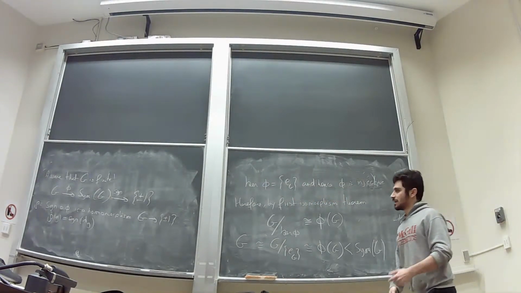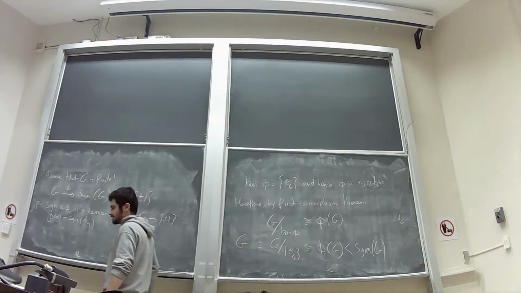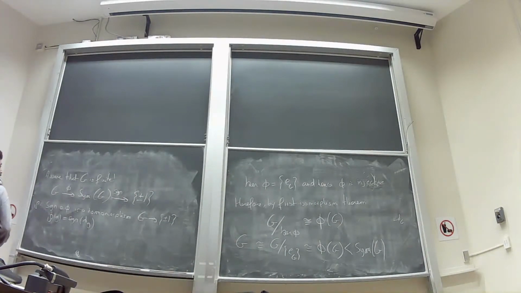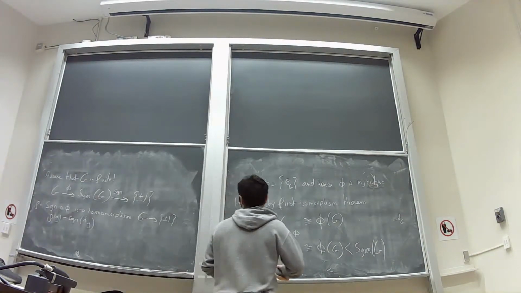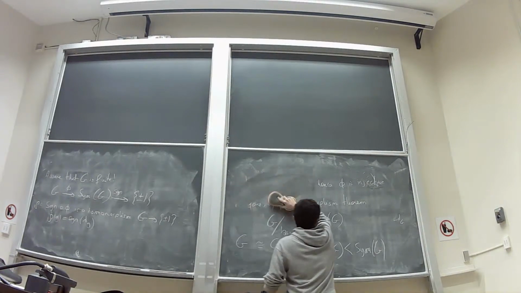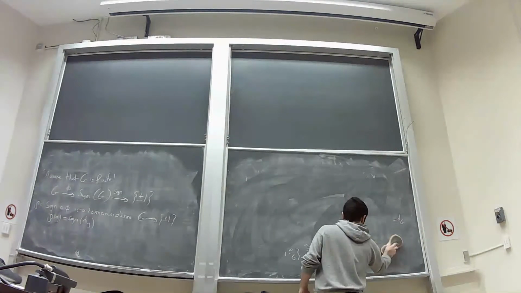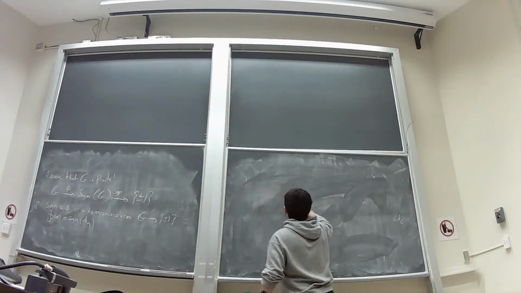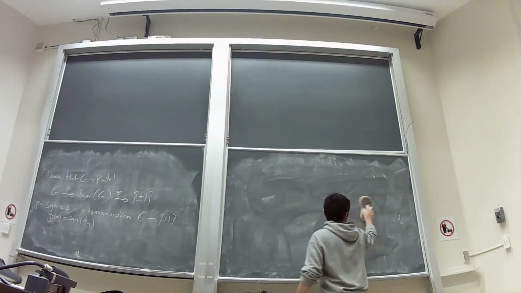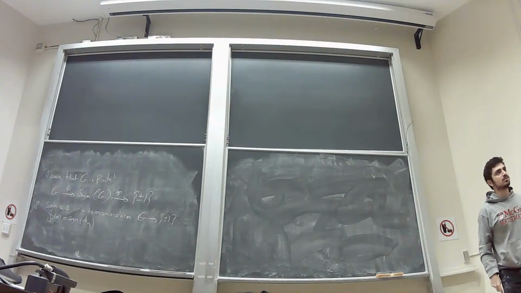Okay, so I'll give you a nice application of that. I was looking at a problem from a textbook once, and it was a nice application of this. You'll see on your homework.